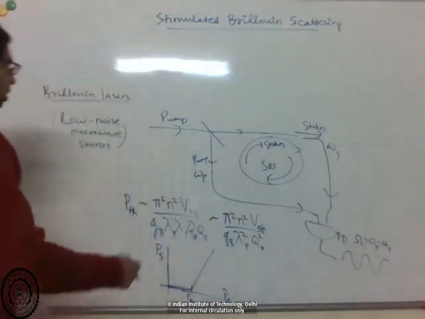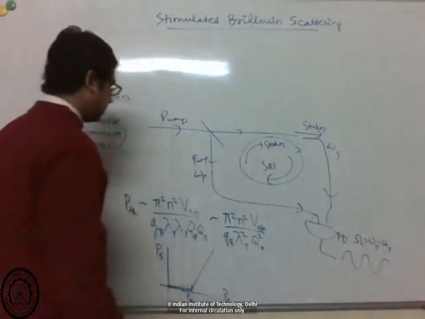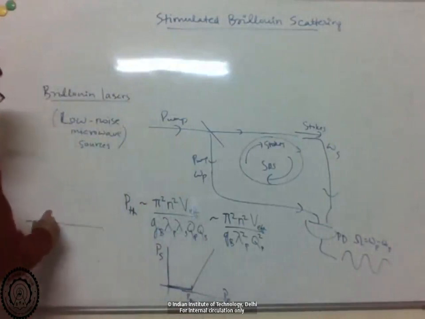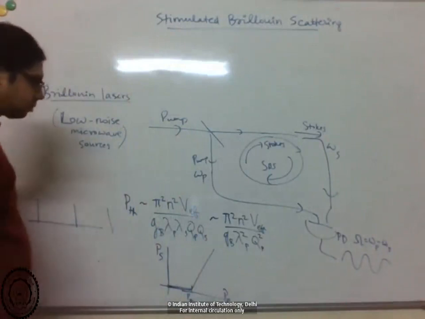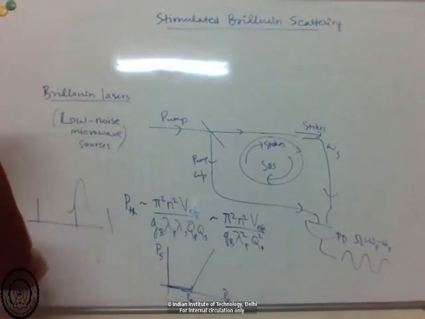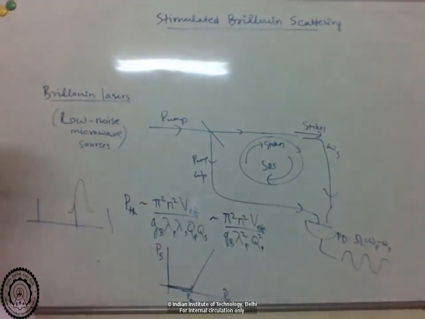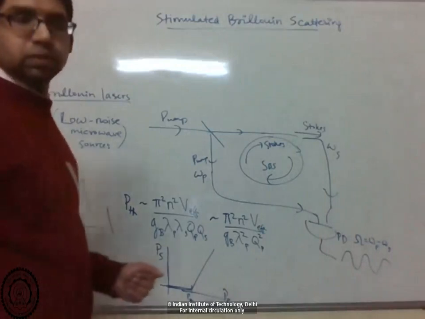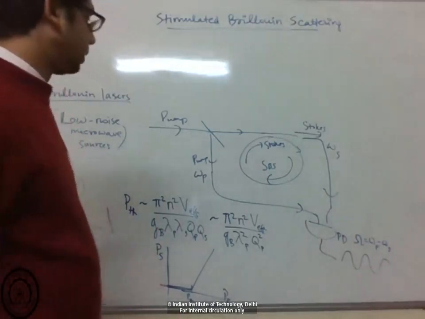And again, this cavity will have resonances. You pump at one of the resonances, and then you want to match the Stokes resonance to lie within the gain bandwidth of the Brillouin gain, right?